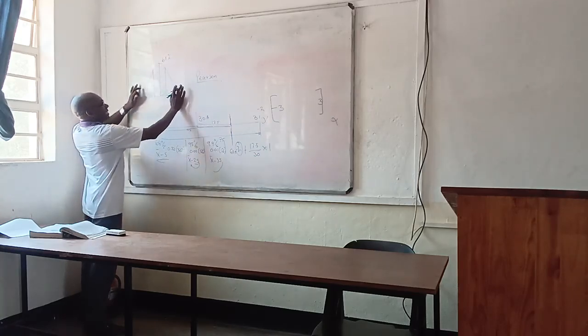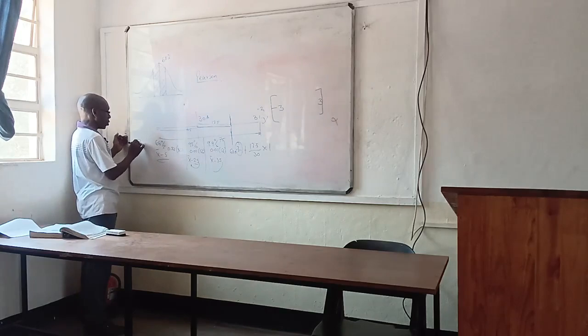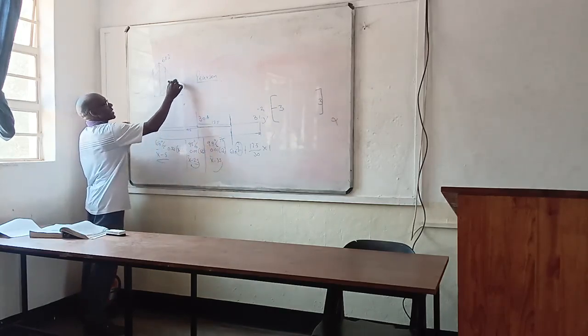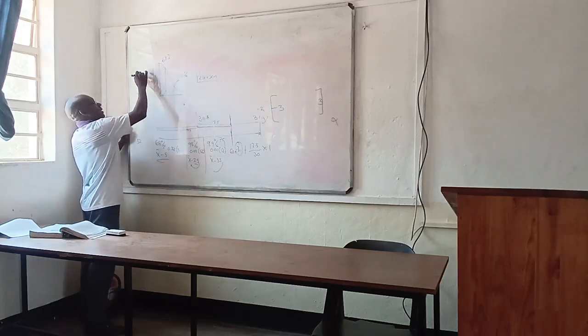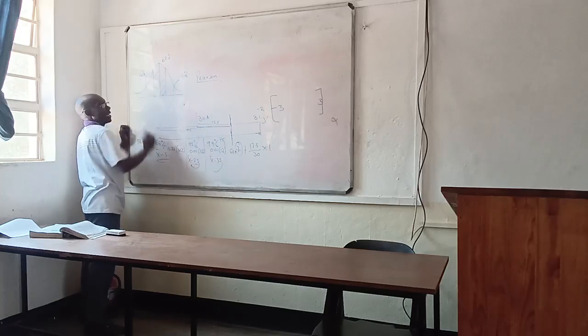Because there are 2 areas, 32 divided by 2 is 16, so this side is 16% and this side is 16%. If you add 16% and 16%, that is 32, and this one plus this one is going to be 100.